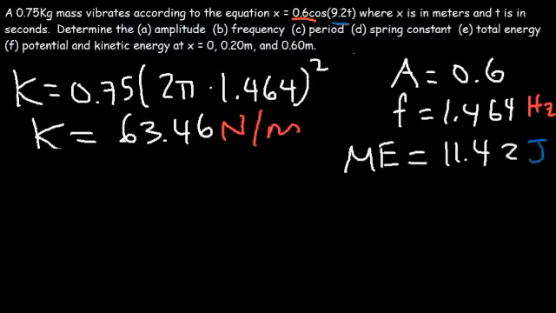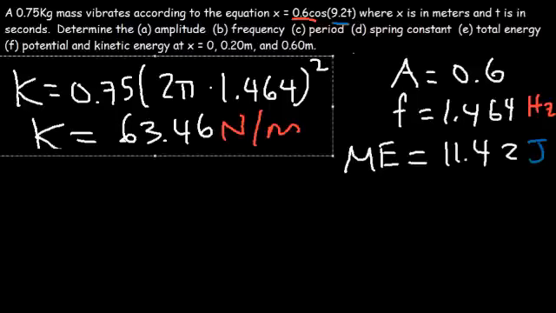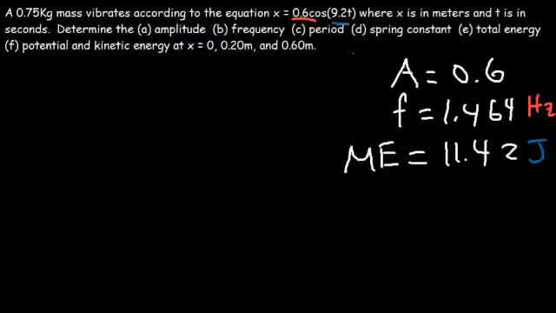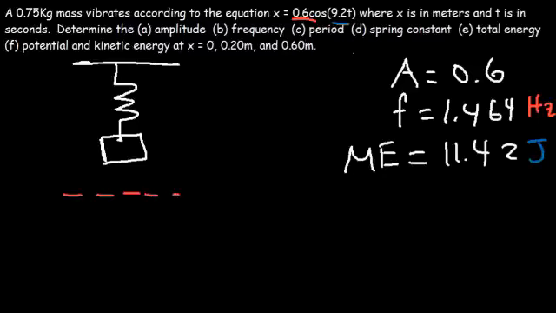Now, what is the potential and the kinetic energy at 0, 0.2, and 0.6? So let's say this is the spring, and this is its compressed position. Let's say this is the equilibrium position. At equilibrium, we know that x is 0. When it's fully stretched or compressed, x is equal to A, which is about 0.6.